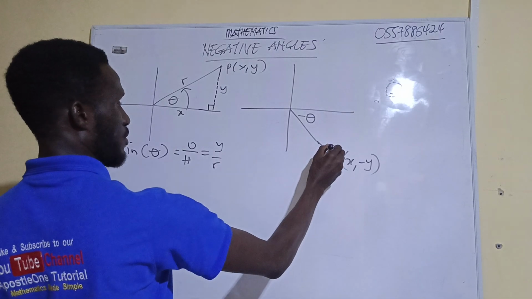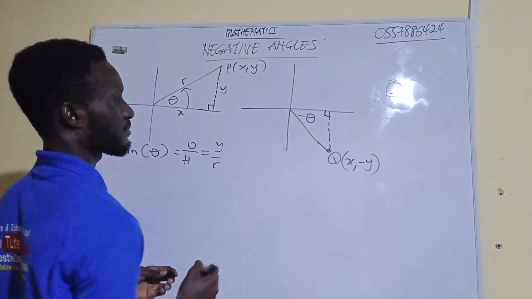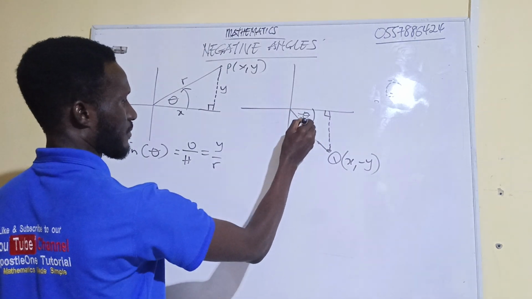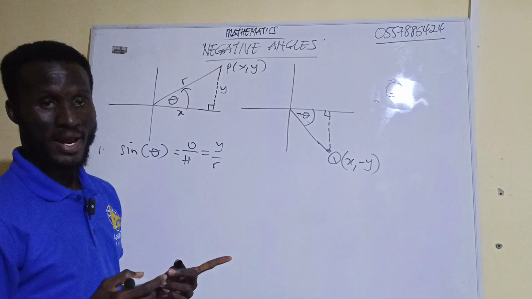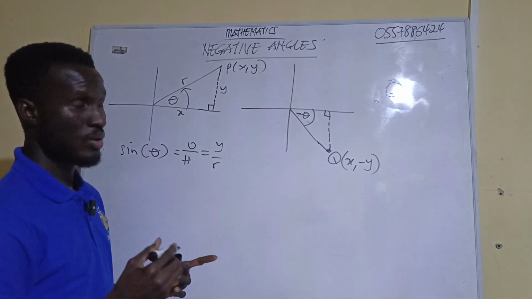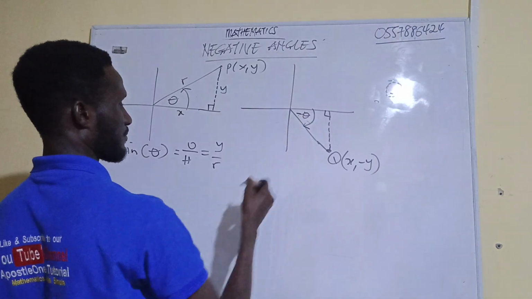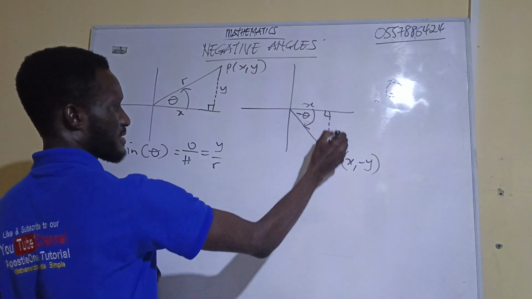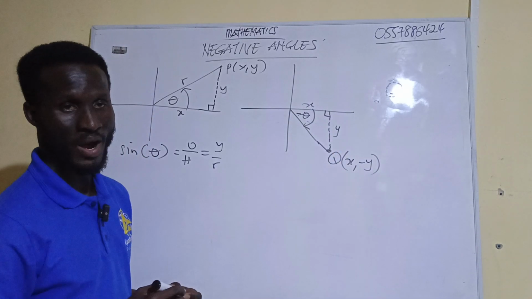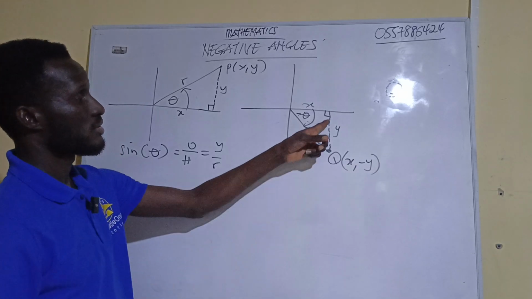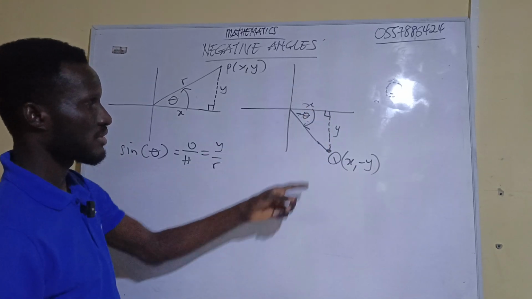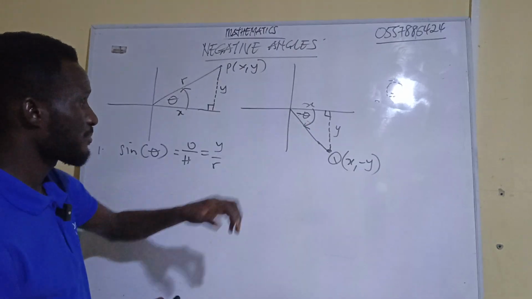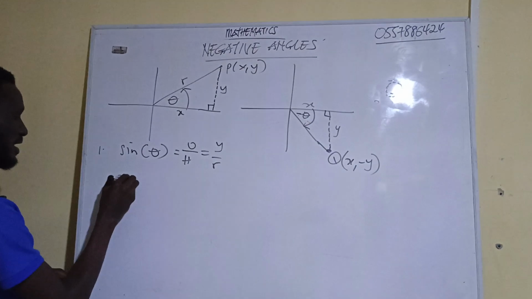Now, let me resolve this one along the x-axis. We will have our angle here to be negative theta. Why negative theta? It means we are moving in the clockwise direction. The x here will still be x, the y here will be y. It is y because we are talking about the length. That's the opposite.